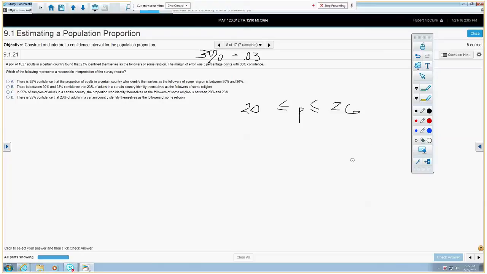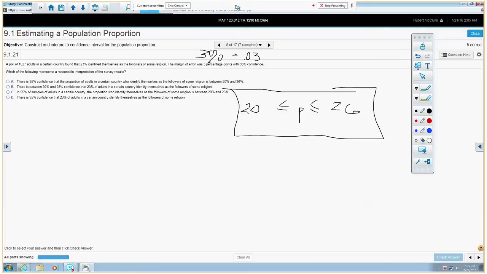And I am 95% confident that the national average, or whatever average, is going to fall between 20 and 26%. That's what I'm saying. I am 95% confident that the population is going to come out between 20 and 26%.